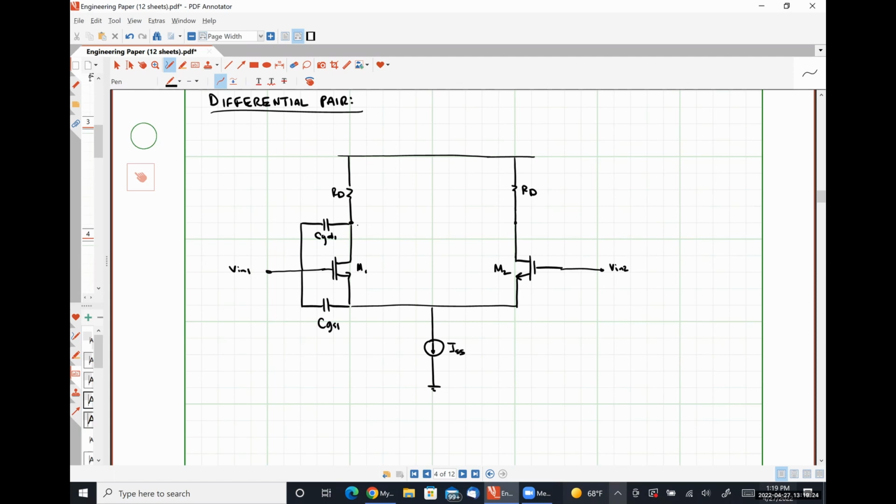Between our drain and our bulk, we would have CDB1, and I'm going to call this guy out here B out 1. Between our source and our bulk, we would have CSB1. And then we would have the exact same thing mirrored on the right-hand side of the circuit.